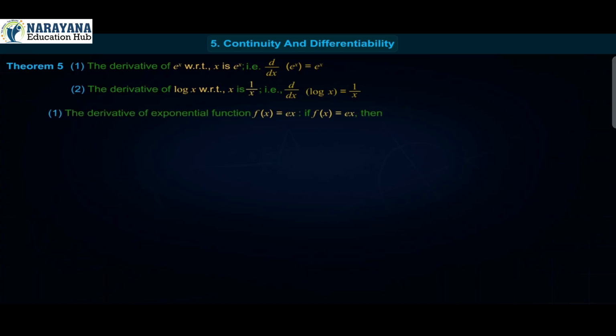Number 1. The derivative of the exponential function f of x is equal to e raised to x.